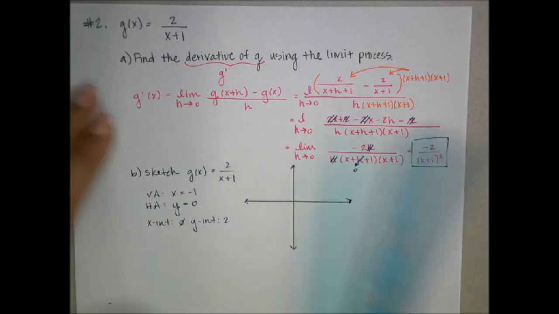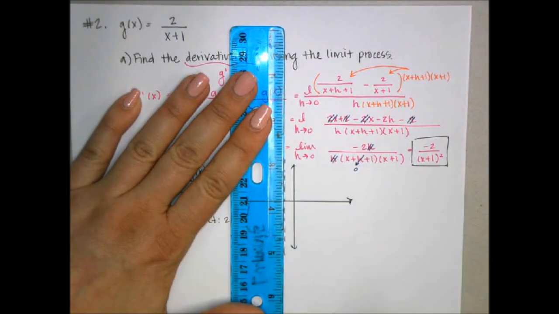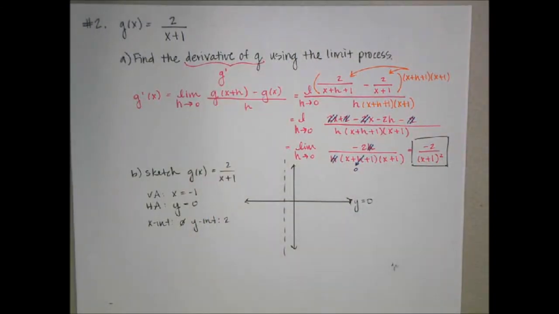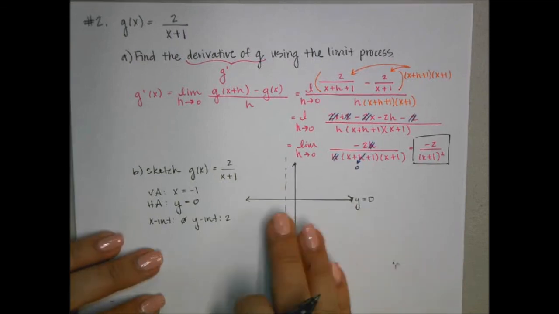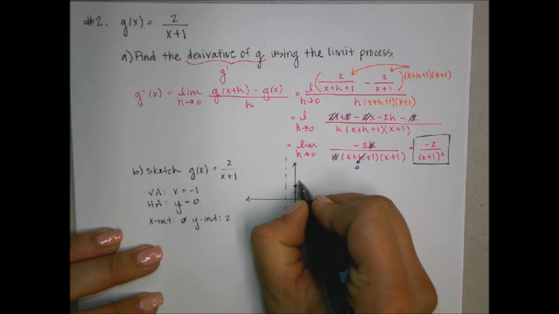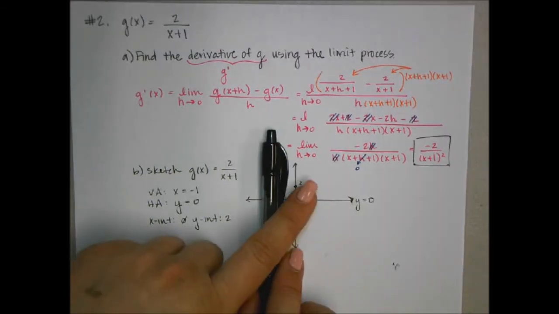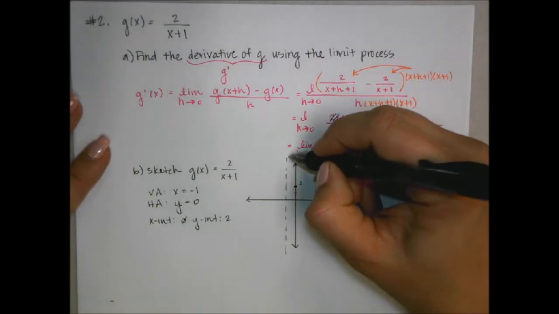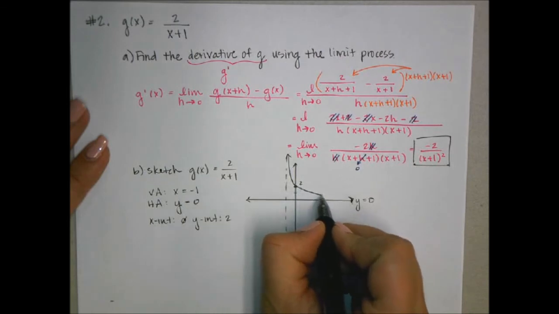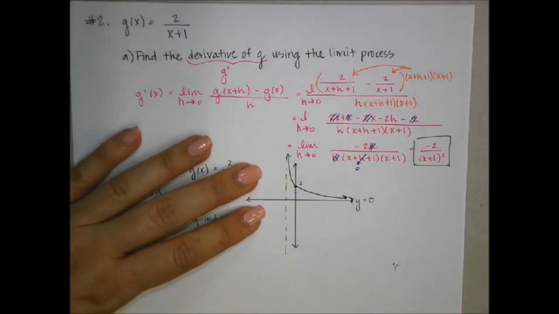So we're going to sketch this now with our information. All right. Vertical asymptote when x is negative 1. Horizontal is right here on the x-axis. No x-intercept, and a y-intercept of 2. All right, so the piece on the right side of the vertical asymptote is going to cross through 2. And the piece on the left side, if you're not sure, remember you can always plug in a value.